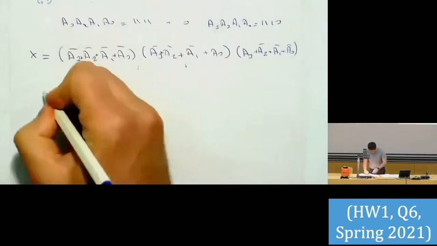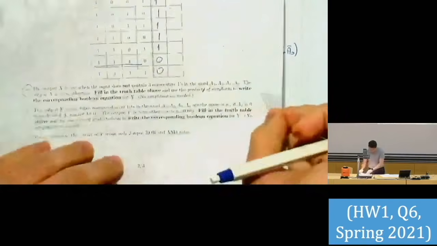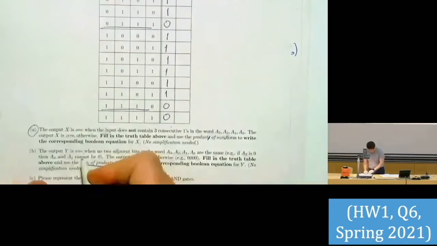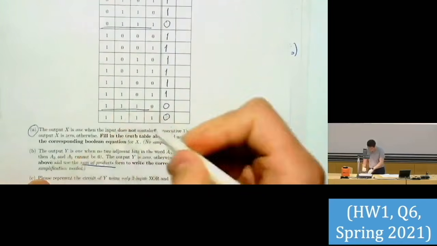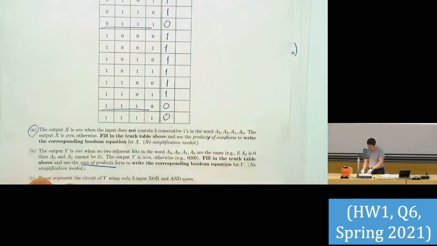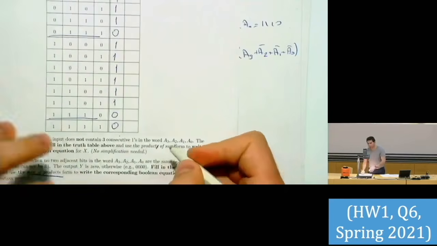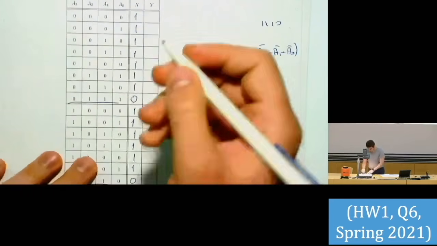For B, it asks for the sum of products, and Y is 1 when no two adjacent bits in the word are the same. What it means is that I won't have any adjacent input bits equal to each other.